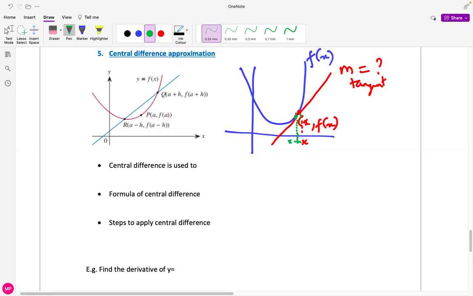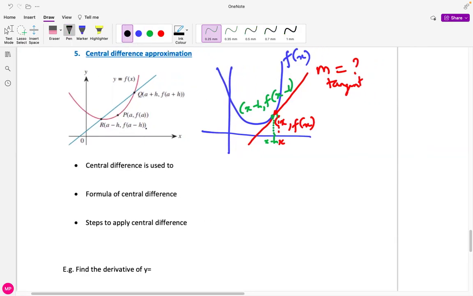Here I'm going to have x minus h and the y value is f of x minus h. And then similarly, I'm going to pick a point on the right-hand side that's very close to the red point, but this time I'm going to do plus h instead. So there's an equal gap in between them. This point here will be x plus h, and then f of x plus h.